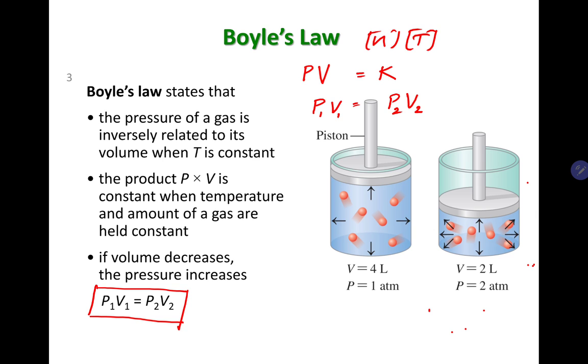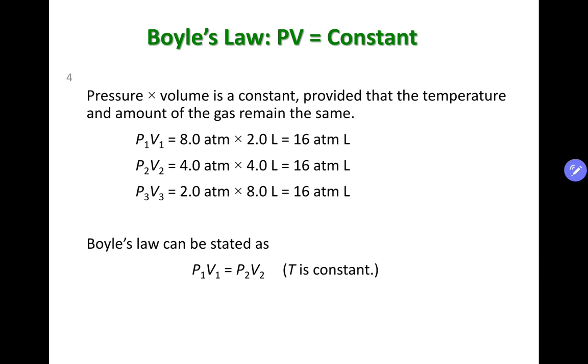So in this example, P1 is 1 atm, V1 is 4 liters, P2 is 2 atm, and V2 is 2 liters. As you can see, in both these states, you will get the same value. You might want to remember this particular equation.